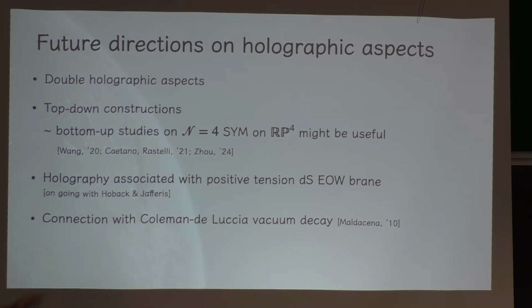However, it would be interesting to discuss what actually happens on this kind of end-of-the-world brane, and what kind of thermal properties you can extract from that double holography point of view. It would also be interesting to study top-down constructions. Also, in our case, we only have negative tension end-of-the-world branes, but it would be interesting to try to include positive tension end-of-the-world branes in some other way.